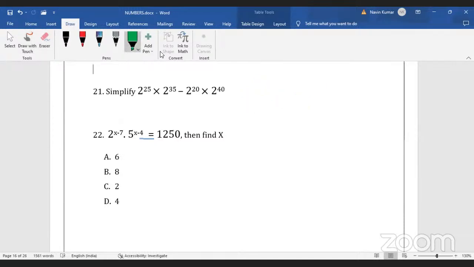No. See, there is no bracket over here, right? So when there is no bracket, we have to use BODMAS also. It will be 2 to the power of 25 plus 35 plus 40. Or another thing is, in the question, use this.